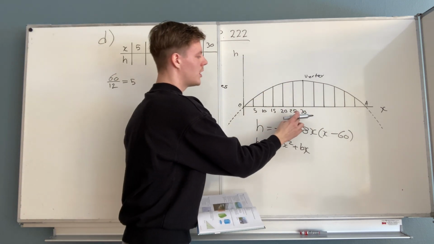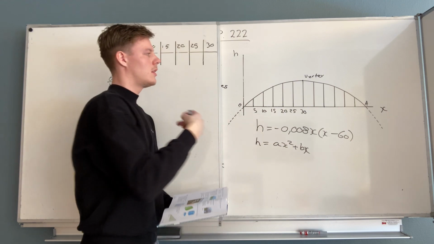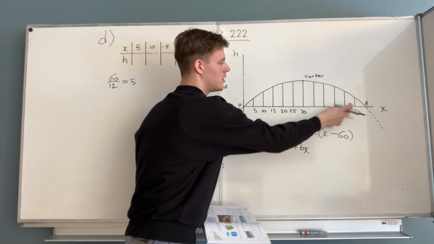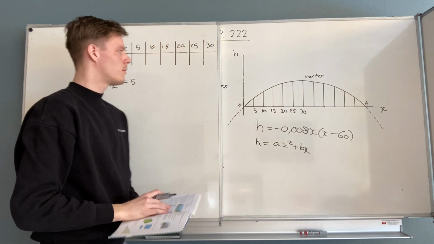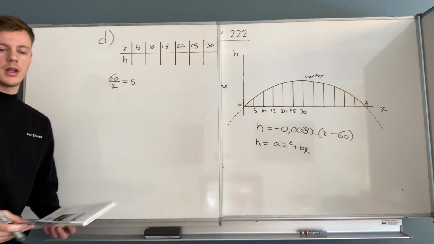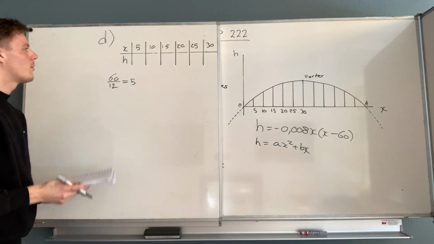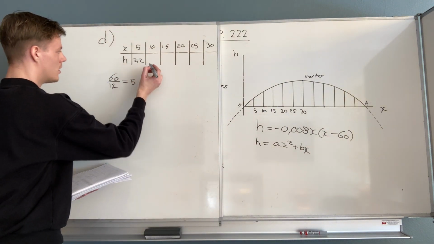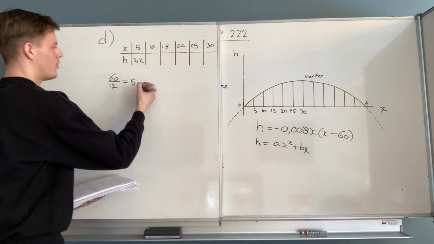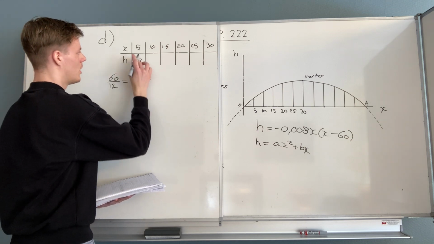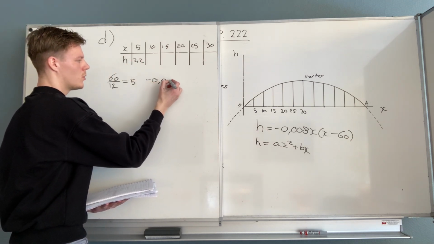So if we take all these values, they should be the same as all these values if we calculate the length. So I've already done this, and I'll write this down for you. First we have 2.2. This is just a matter of putting it into the formula, so I'll give an example of this first one.